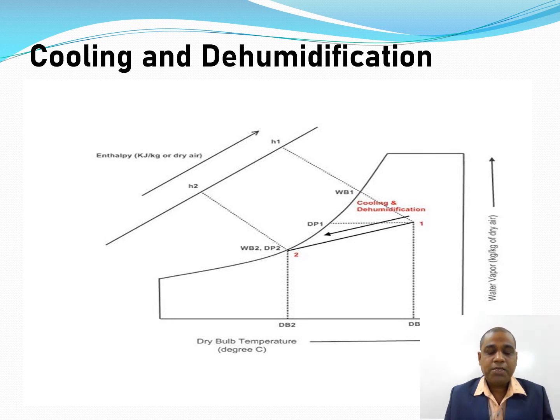So individually, let us discuss cooling and dehumidification, for example. This is the psychrometric chart, and initially this is the air supplied to us. Suppose the properties of air are represented by this point, and after processing, we reach the properties of air at point 2.